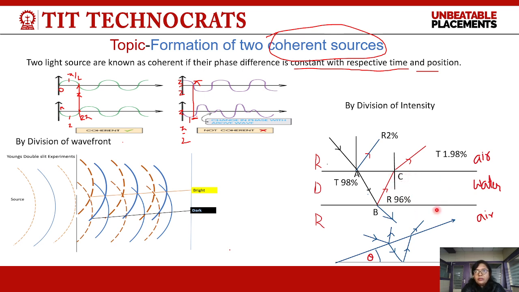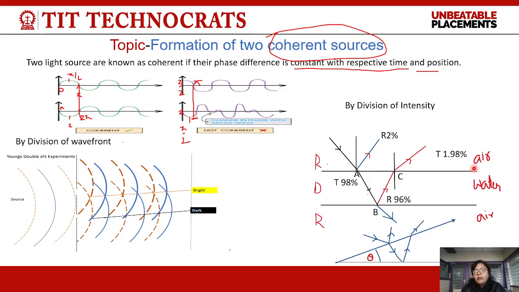So the reflected energy is nearly equal to zero now. The reflected light has 2% of the energy, and the transmitted light has 1.98% of the intensity.